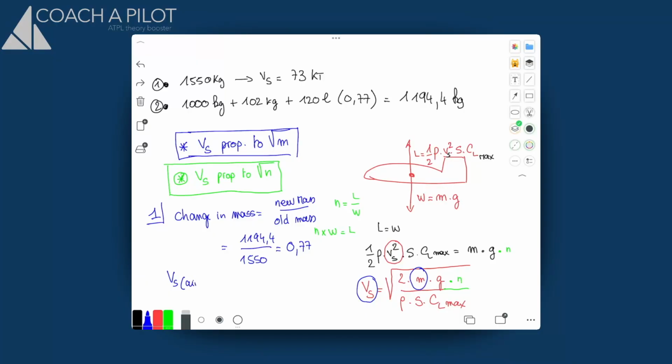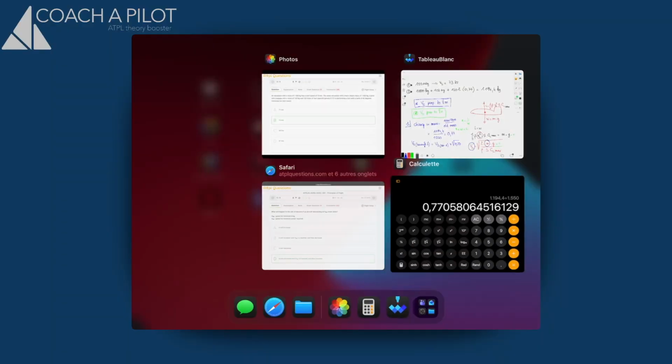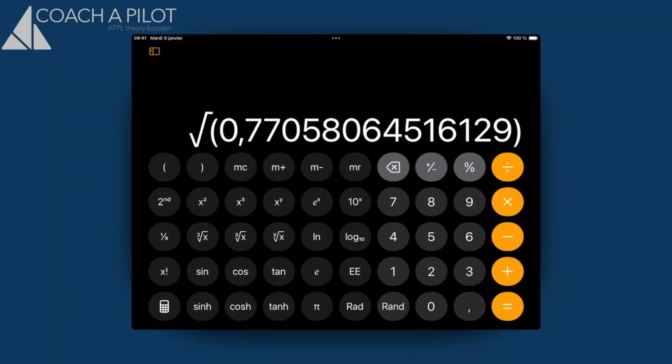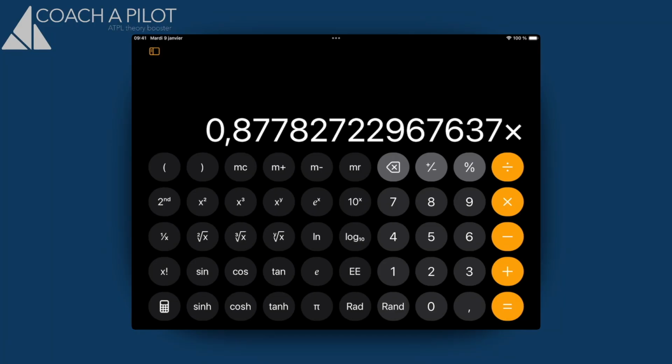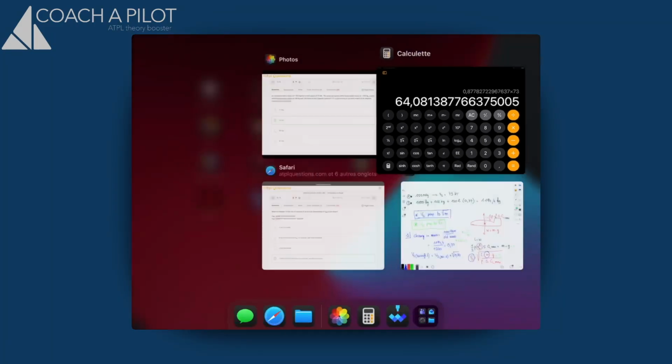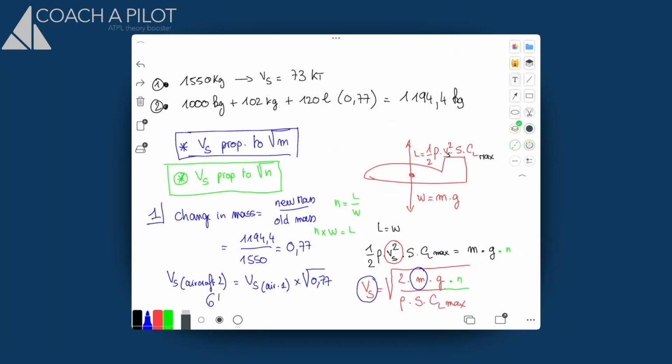So the VS of the second aircraft is the VS of the first aircraft times the square root of 0.77, which is actually 64 knots. So we have a 1g stall speed of 64 knots for the second aircraft.